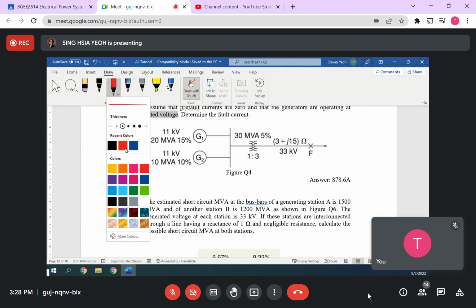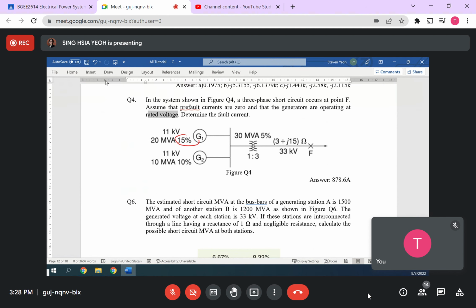So you can make it here. This one you can make 0.15. This one you can make 0.1. Then 0.05. Are you okay?